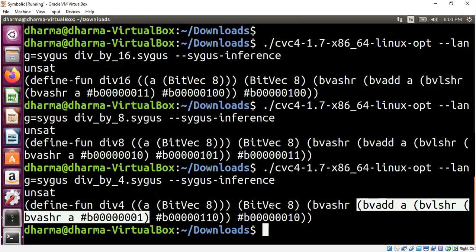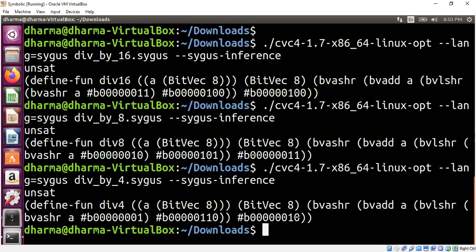So we can easily now generalize it. Let's look at the last part of the expression. It's number 2, right? When we want the program to divide by 4, the amount of right shift is 2, which makes sense. And if you now look at the scenario when we want to divide by 8, it is right shifting by 3.